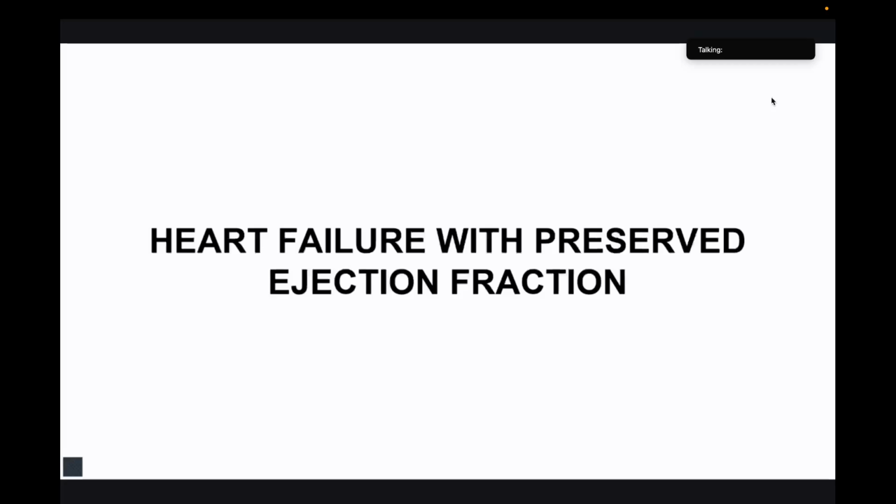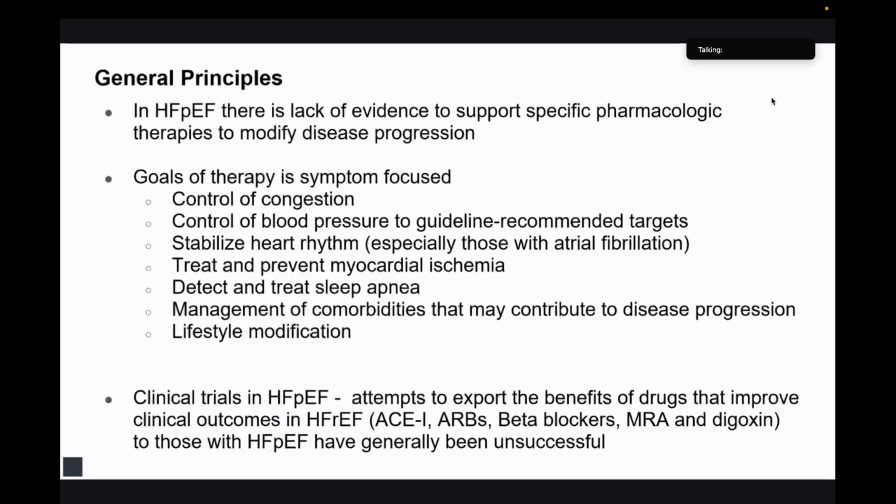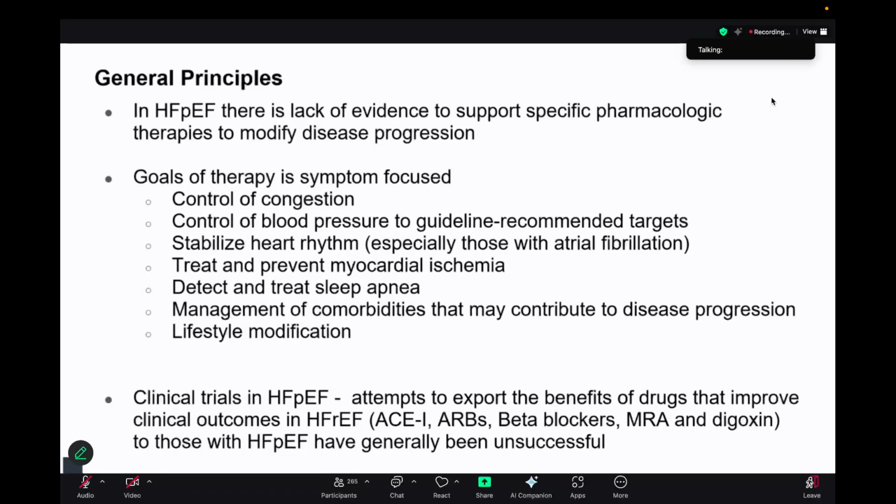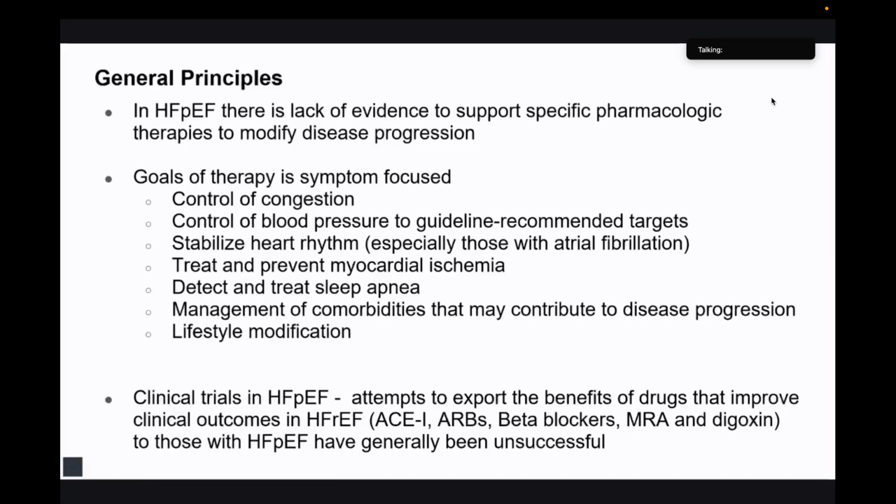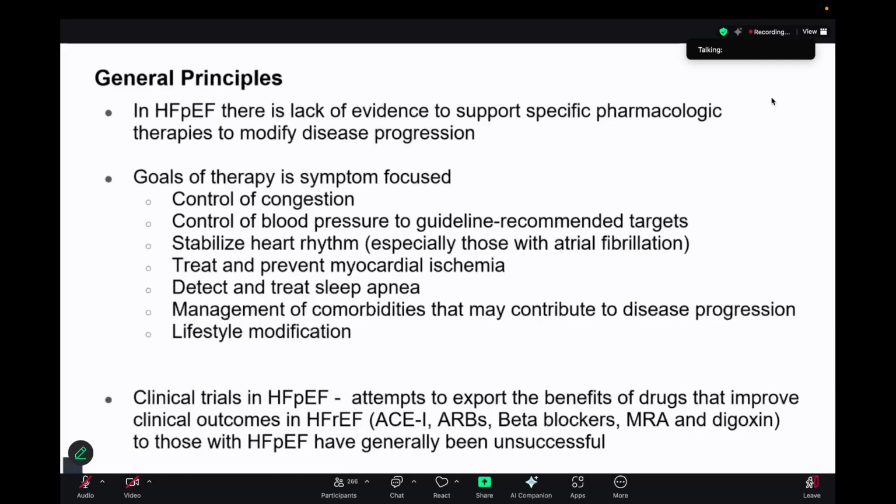So what is the management of heart failure with preserved ejection fraction, HFpEF? The general principles. In HFpEF, there is lack of evidence to support any specific pharmacologic therapy to modify disease progression. Basically, the goal of therapy is symptom focused, meaning if congestion is present, control the congestion.